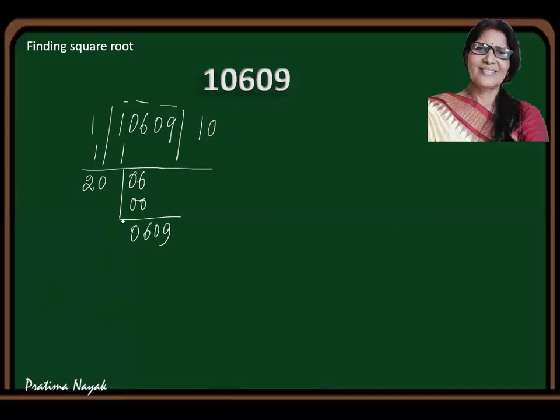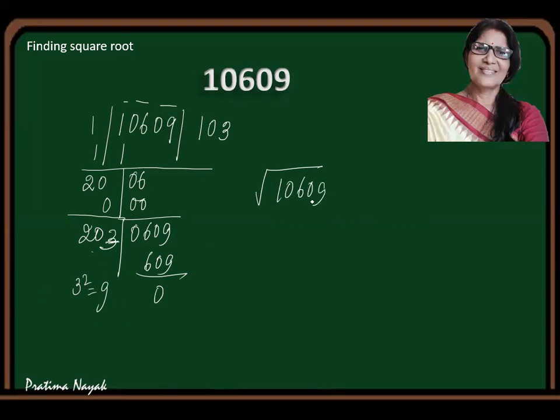That means 609. I should not write this 0. 20 plus 0 is 20. Keep a place here. Now think of whose square is 9. 3 square is 9, so I'll test by making it 3. 203 multiplied by 3 is certainly 609. So the square root of 10609 is 103.